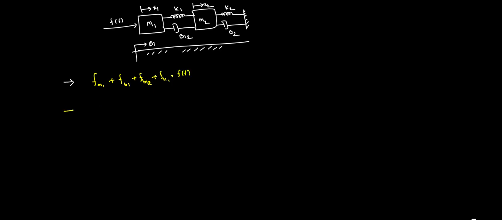So if I write the equations for it, that is m1 into d square x1 by dt square plus b1 into dx1 by dt plus b12 into d by dt of x1 minus x2 plus k1 into x1 minus x2 is equal to f of t.